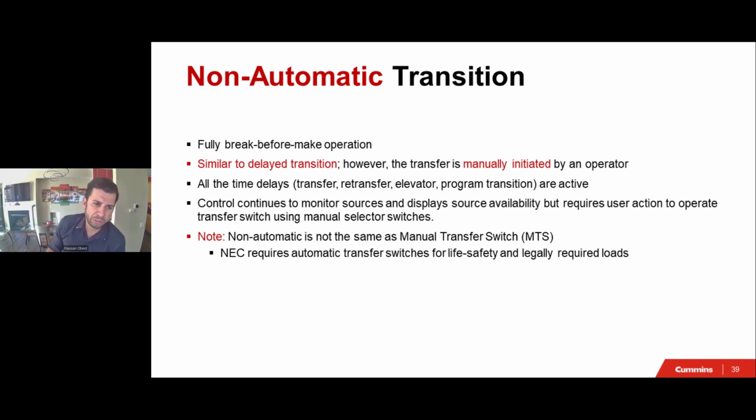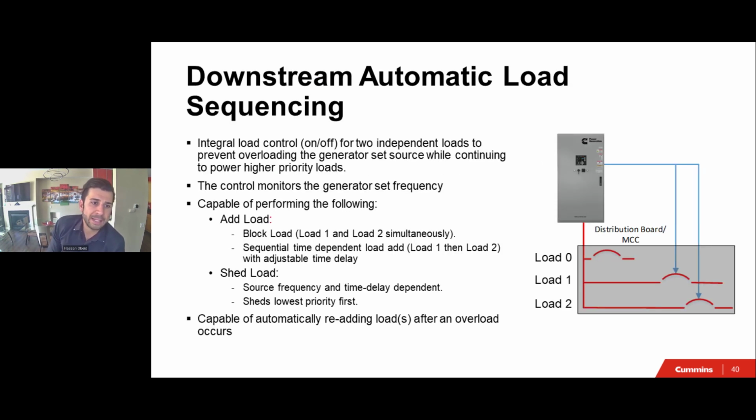And remember that the National Electric Code requires automatic transfer switches for life safety and legal requirements, and so 700, 701, and 708. Downstream automatic load management, some advanced controls in this mission critical or enhanced industrial, is that you can have automatic load sequencing. For example, you can drive from the control itself without additional relays or equipment or parts.